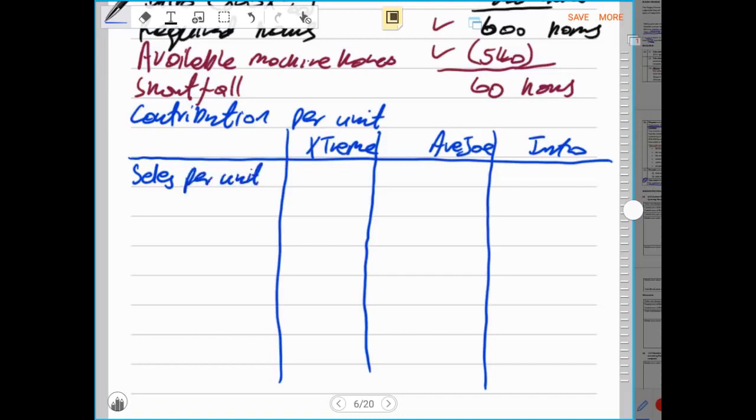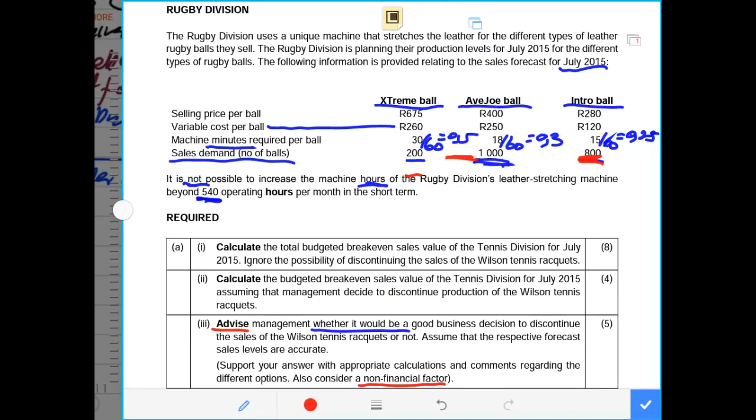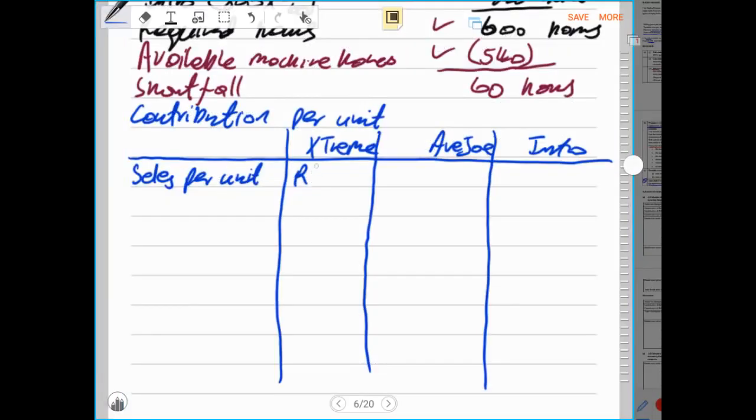Our selling price per unit: 675, 400, and 280 rands.